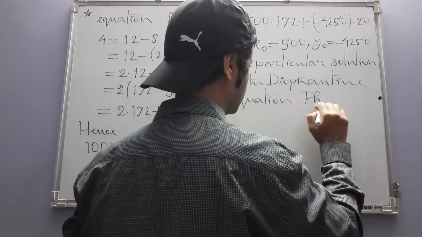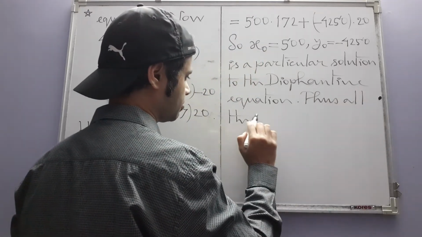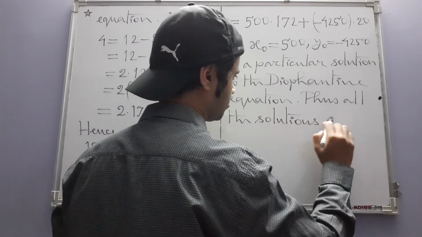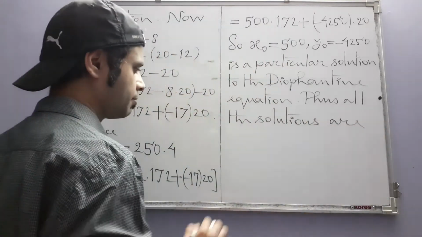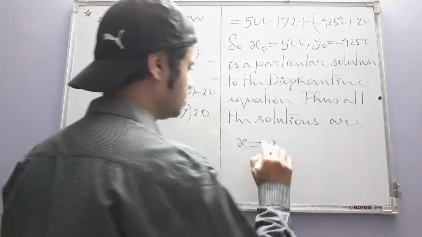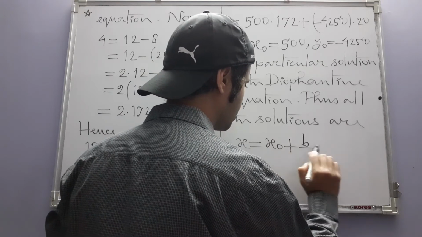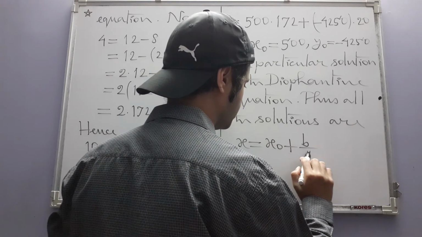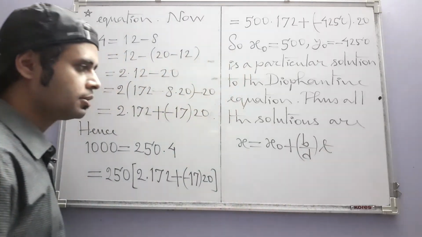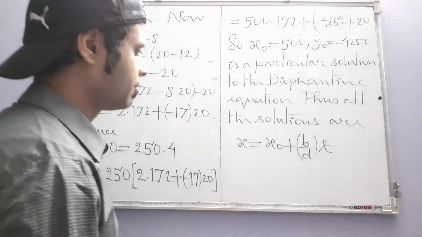Thus, all the solutions are x equal to x naught plus... it's first better to write the actual form of the solution, and then of course you can put in your special values.